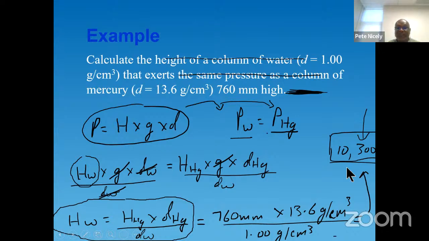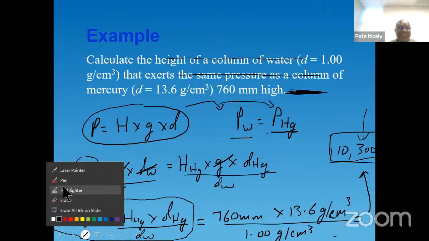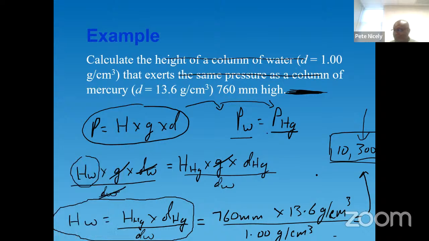So when you work that out, that works out to be equal to 10,300 millimeters of water. So let me put millimeters here as the units, right? Okay, so 10,300 millimeters, that is basically the same thing as 10.3 meters.